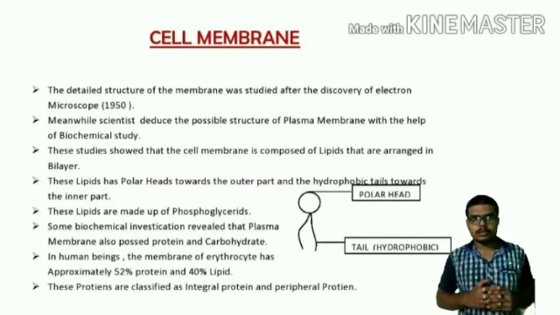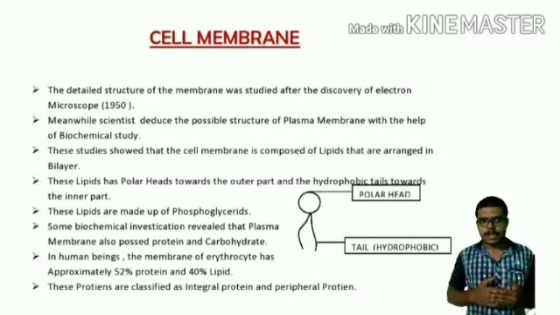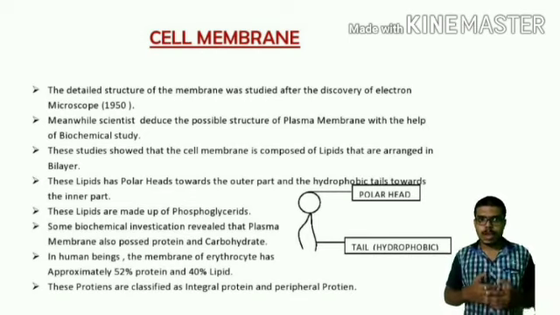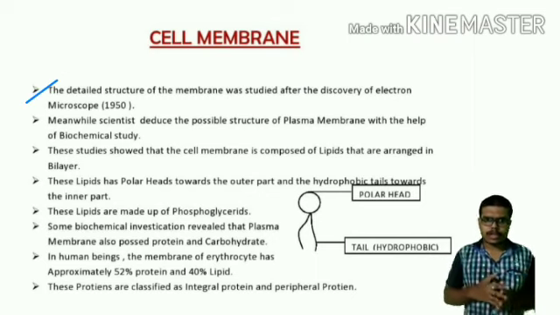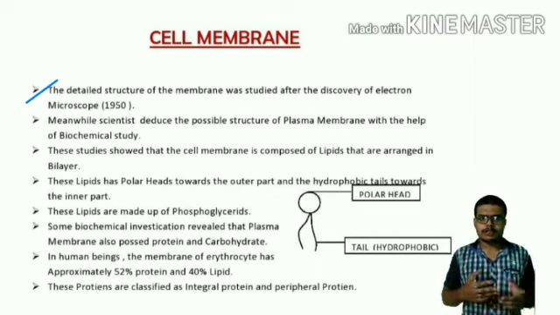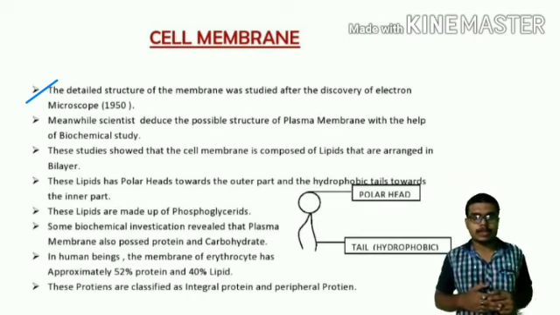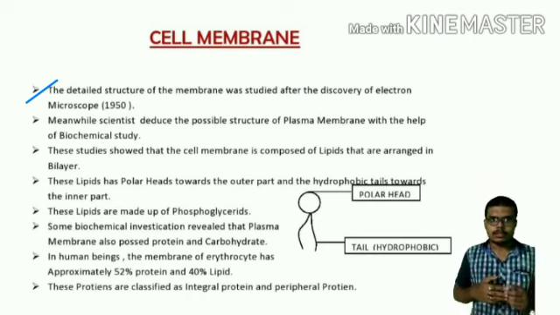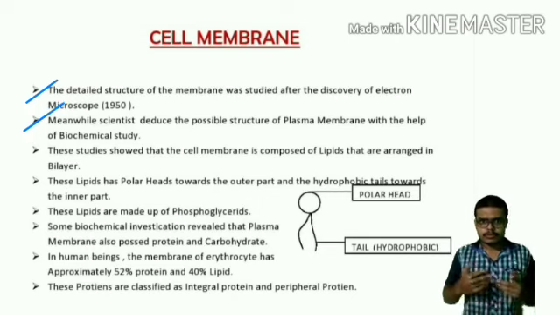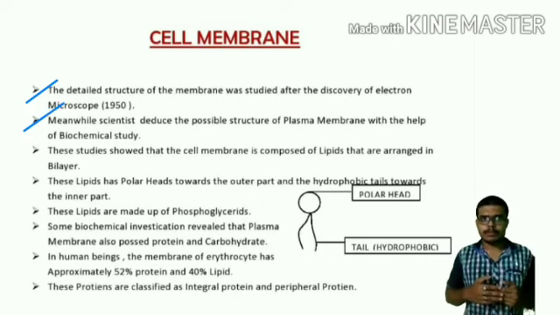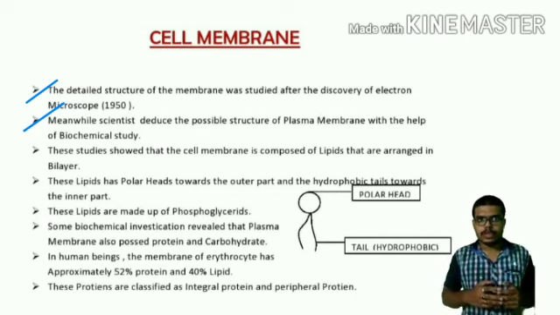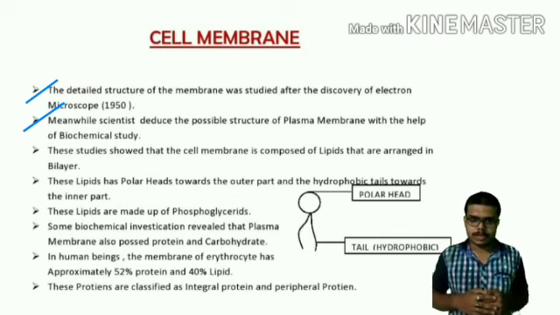So students, to know about this plasma membrane, at first we have to understand some basic features of cell membrane. The detailed structure of cell membrane has been studied after the discovery of electron microscope in 1950. Then scientists deduced the possible structure of plasma membrane with the help of biochemical study.